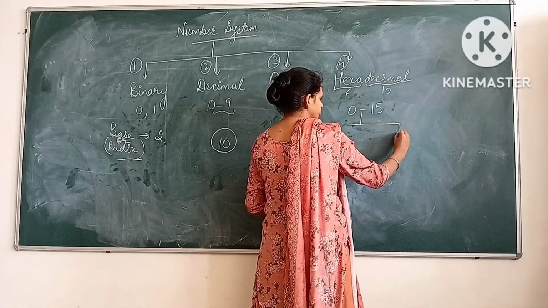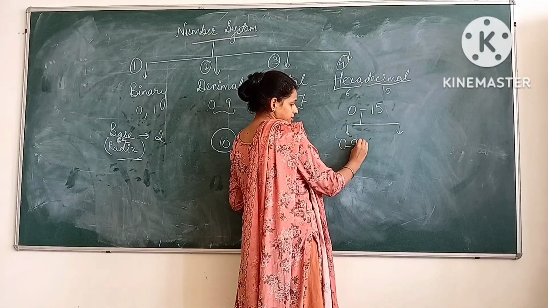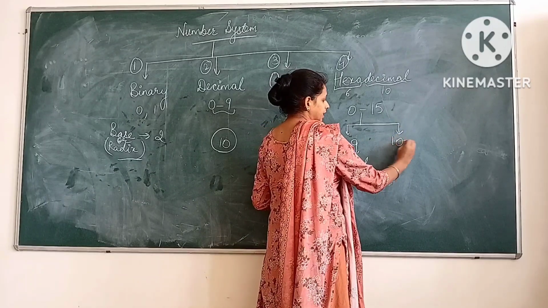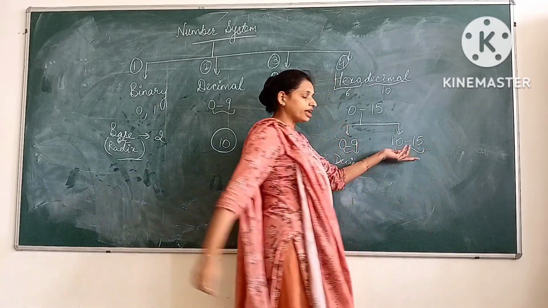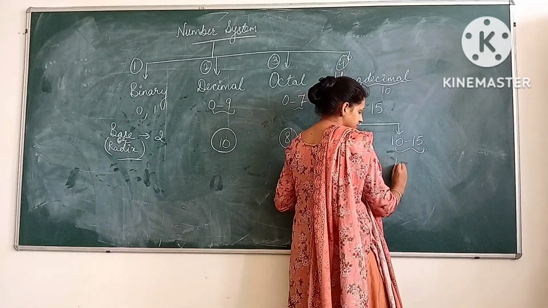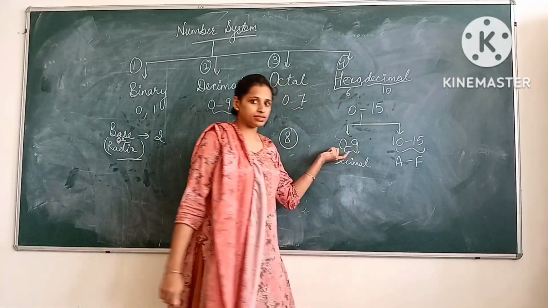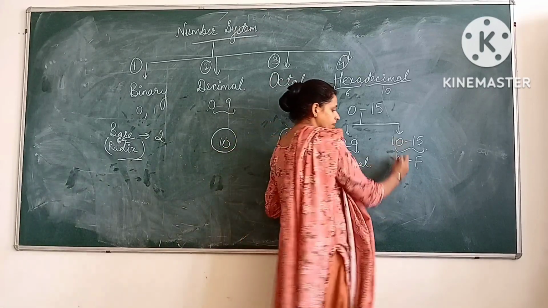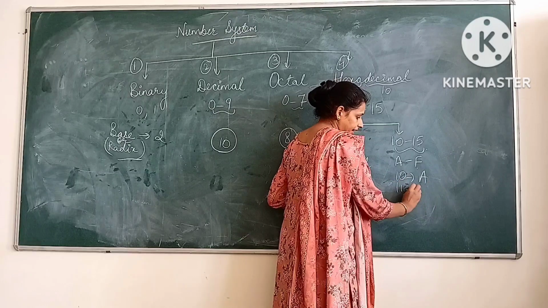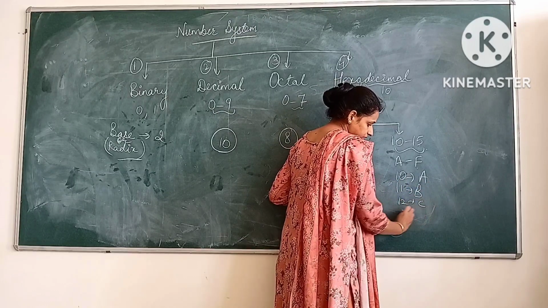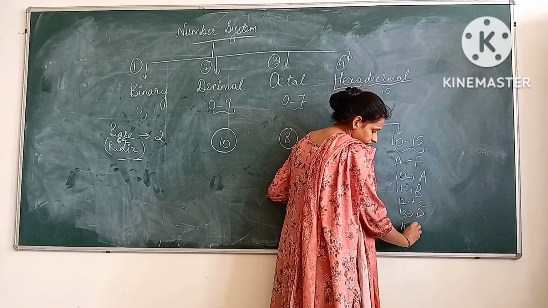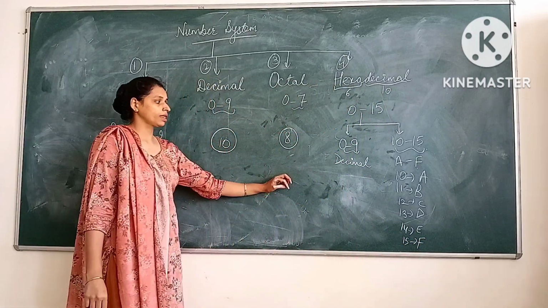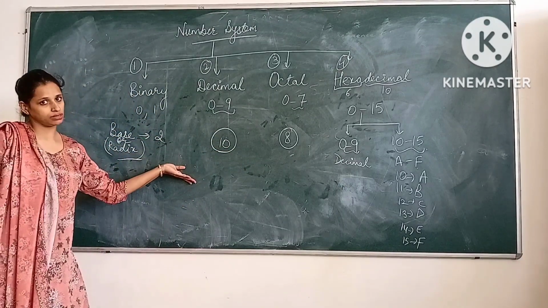So in this 0 to 15, 0 to 9 is as a decimal, and for 10 to 15 we have to use alphabets A to F. Means 10 for A, 11 B, 12 C, 13 D, 14 E and 15 F. Clear? These are the 4 types of number system.